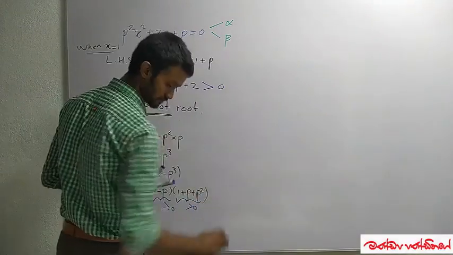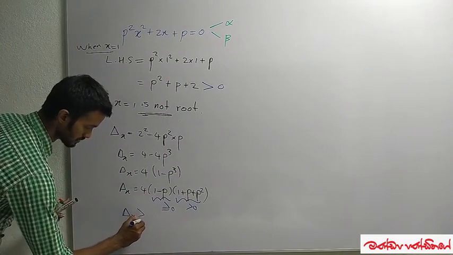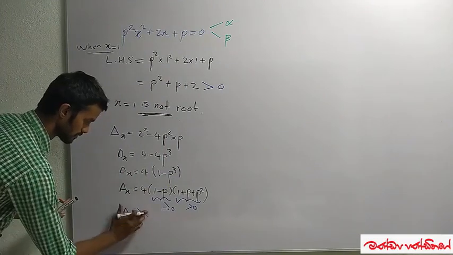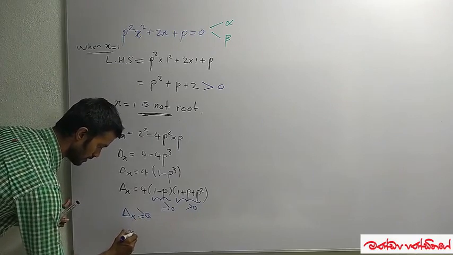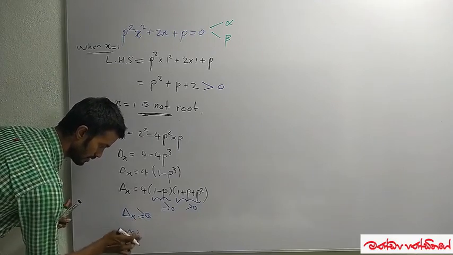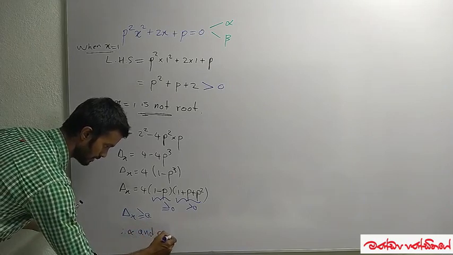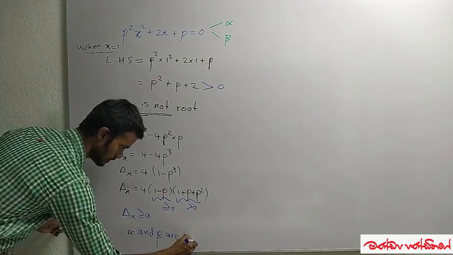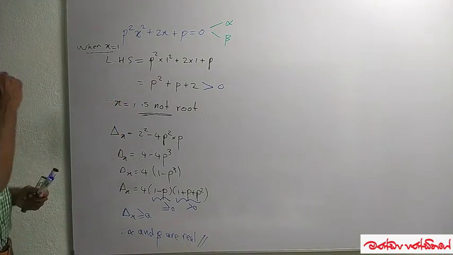So it is clear that the discriminant delta is greater than or equal to 0. Therefore, I can write alpha and beta are real.